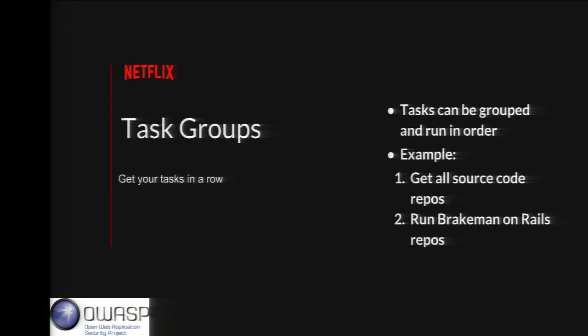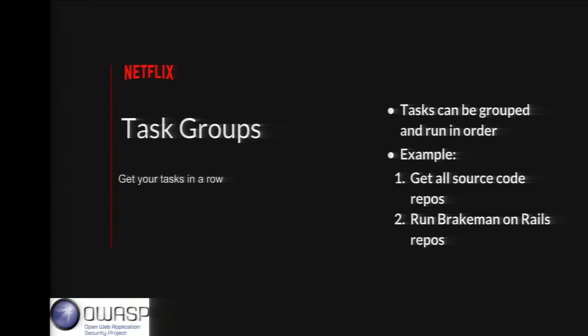We've also introduced the concept of task groups. When you're running tasks either manually or on a scheduled basis, a lot of times you're going to want them to run in a specific order. As an example use case, maybe you want to get all your source code repos and then run a static analysis tool on them.